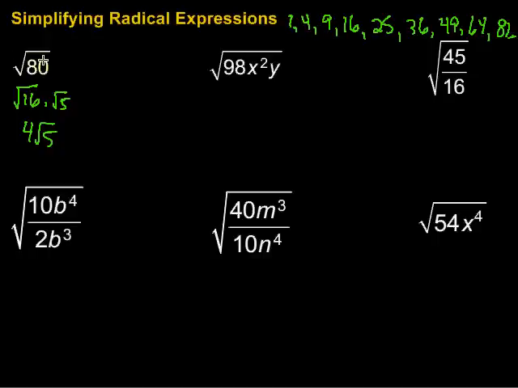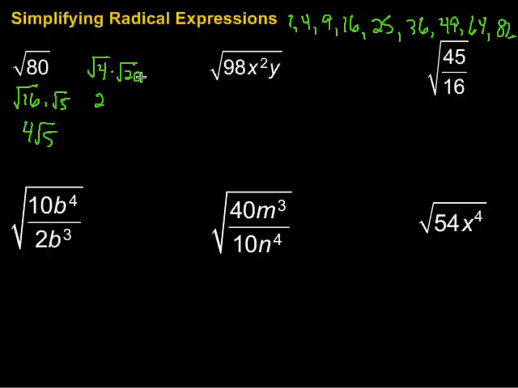Now, let's say that you took this 80 and broke it up using the 4. So rather than going square root of 16 times the square root of 5, you said the square root of 4 times the square root of 20. Okay, we could do that. Then the square root of 4 is 2, but then the square root of 20, are there any perfect square factors of 20?